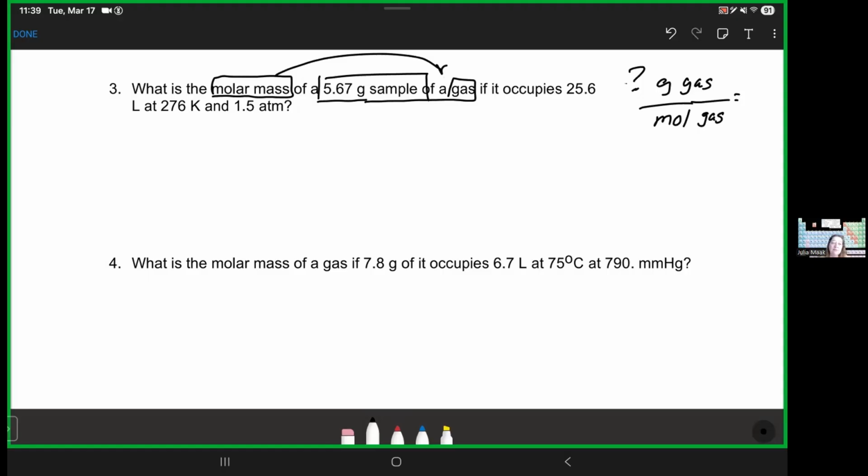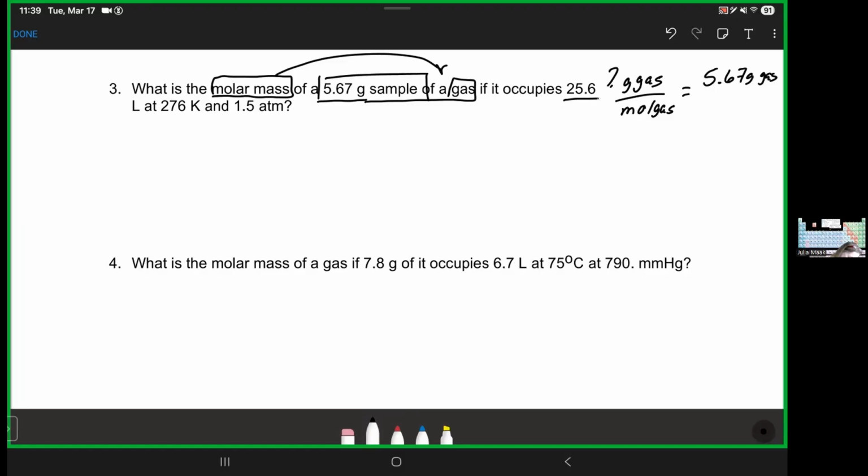So we want to know grams of gas over moles of gas, and we already know our grams is 5.67 grams. So we are not going to use that in our gas law problem. That number's not going to get used.